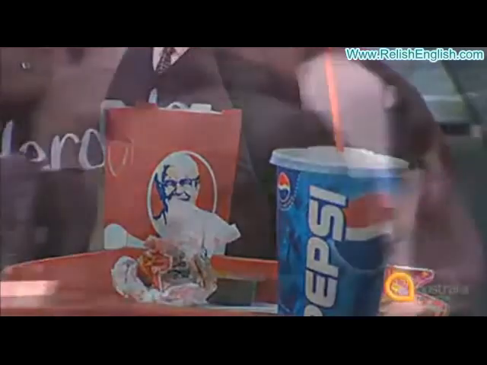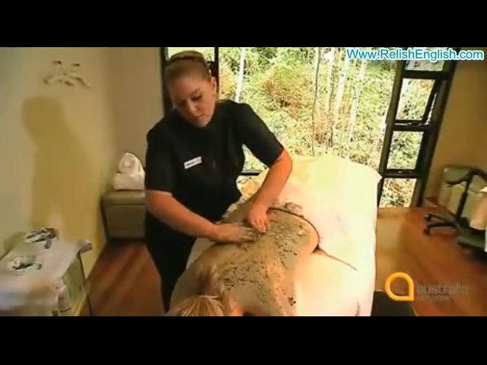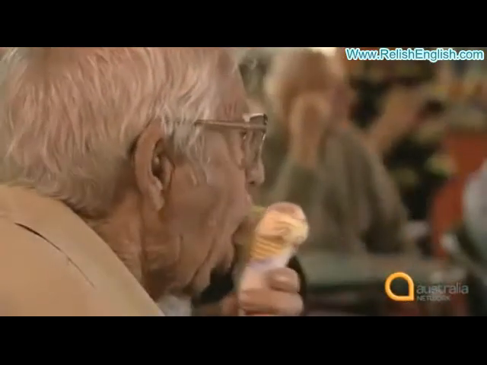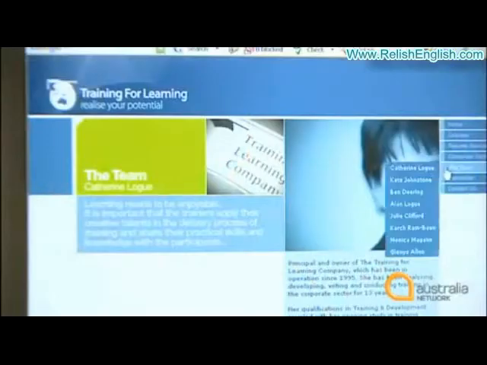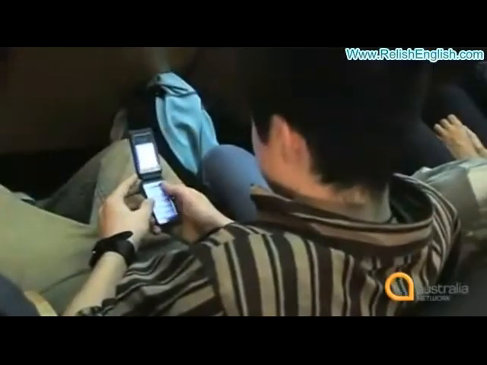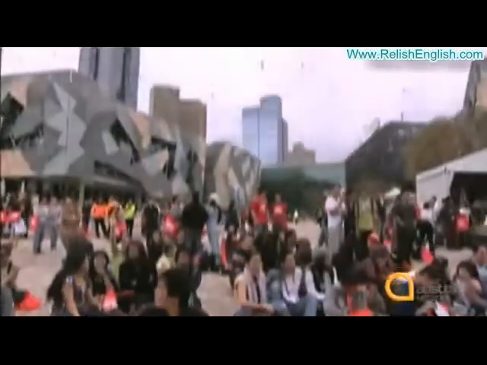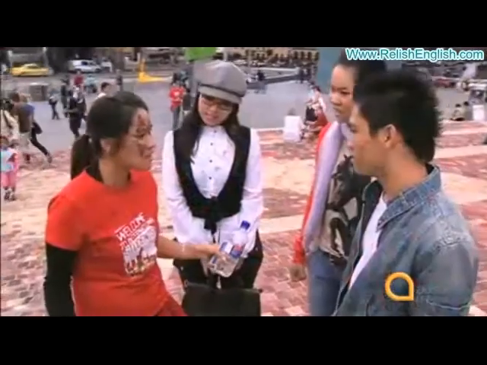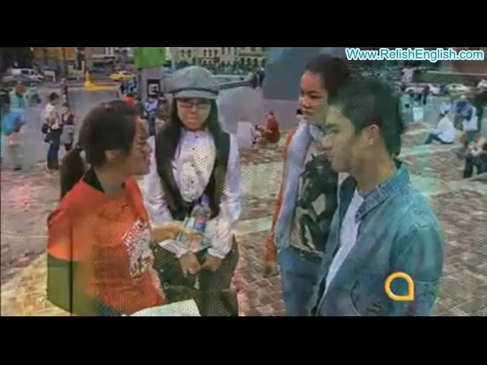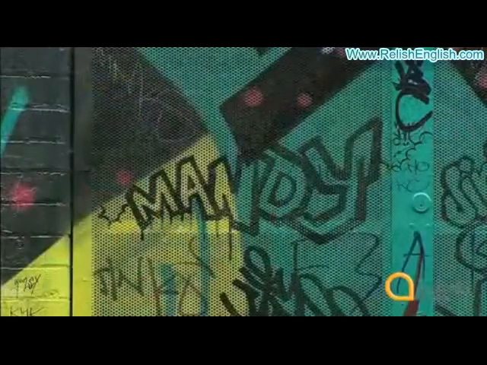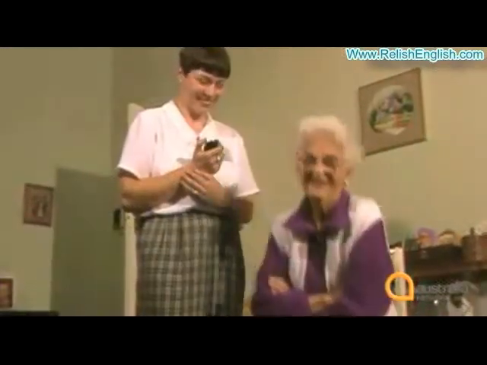Health, obesity, alternative medicine, exercise, diet. Communication, the internet, mobile phones. Society, youth issues, juvenile delinquency, ageing populations.